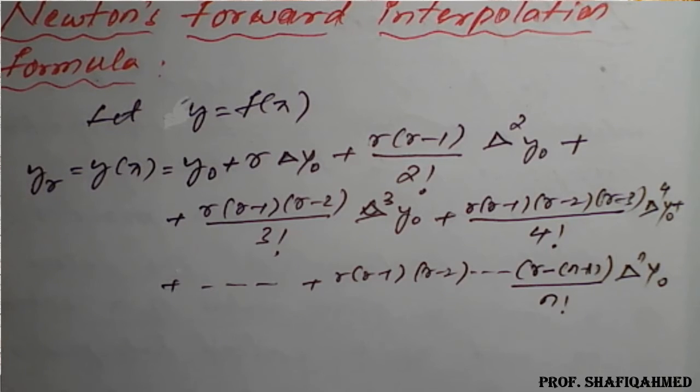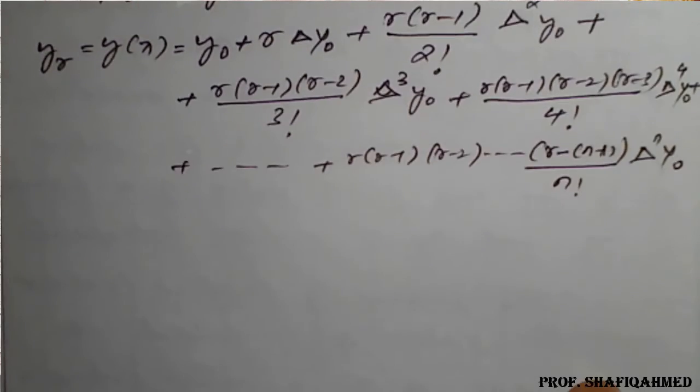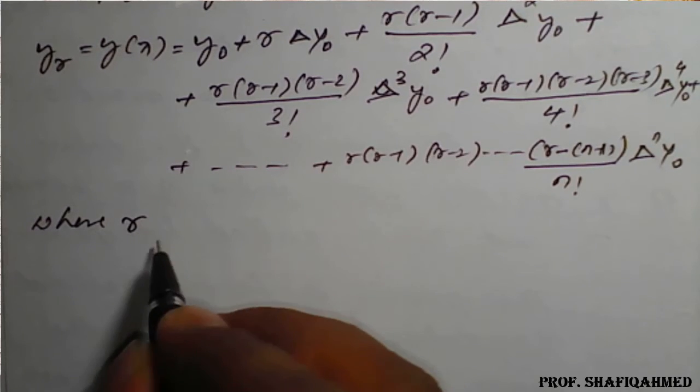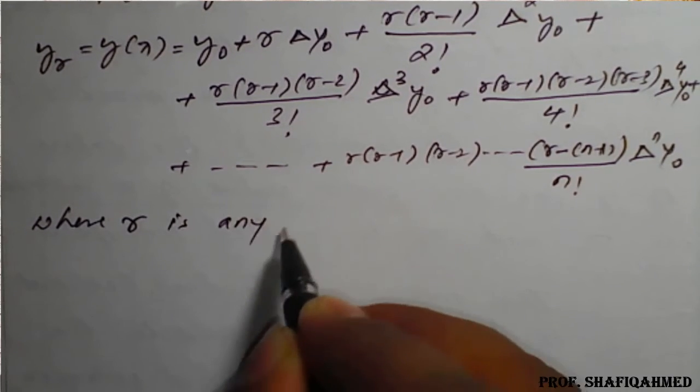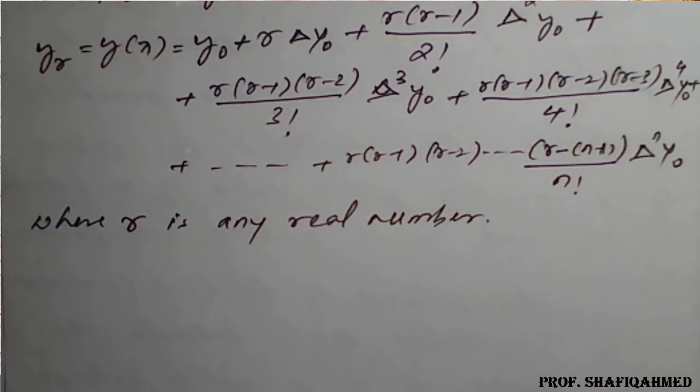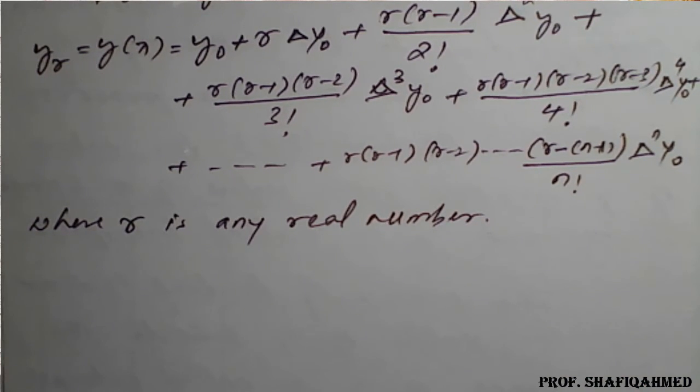So this is the Newton forward interpolation formula, where r is any real number.